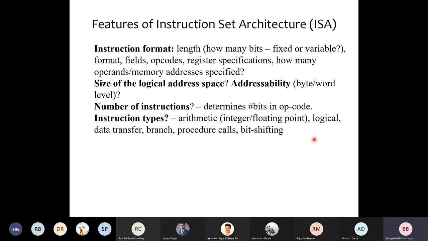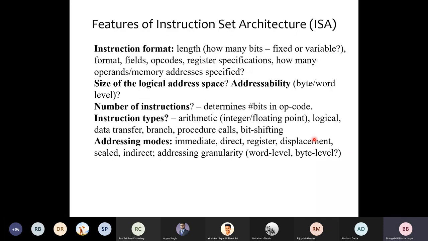There should be instructions that would enable to take branch decisions, procedure calls, right? Shift the content of the register to the left or right and so on, bit shifting. So typically these are the instructions you need to have in any instruction set architecture.